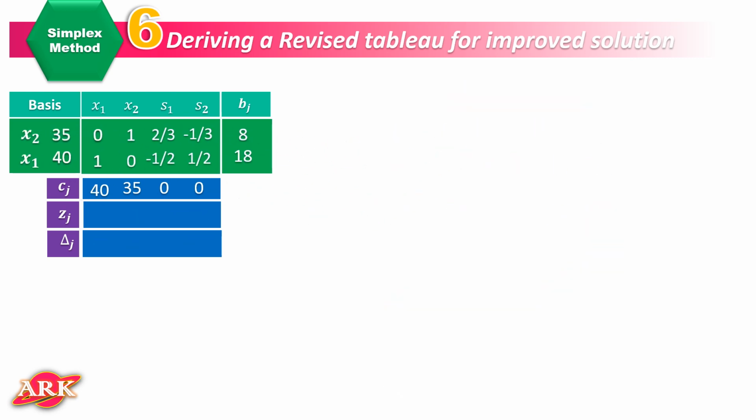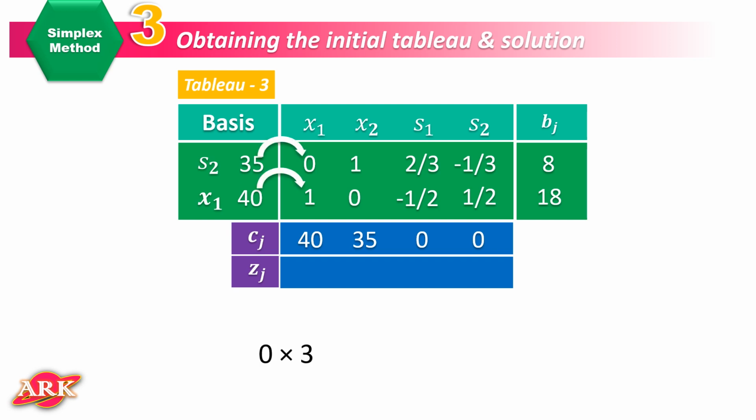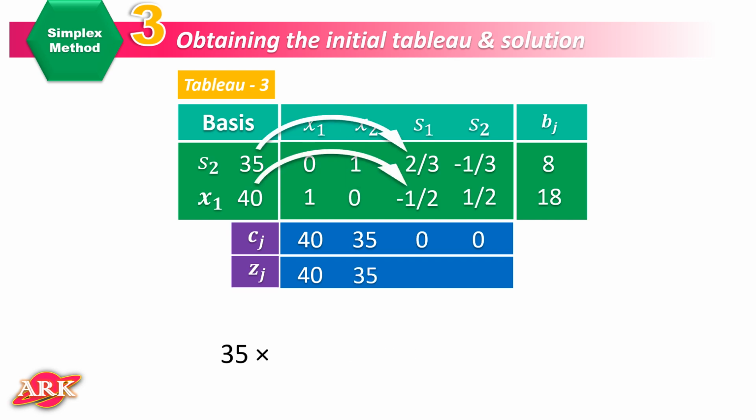Let's calculate ZJ values. 35 into 0 plus 40 into 1 gives 40. 35 into 1 plus 40 into 0 gives us 35. 35 into 2 by 3 plus 40 into minus 1 by 2 gives us minus 10 by 3.